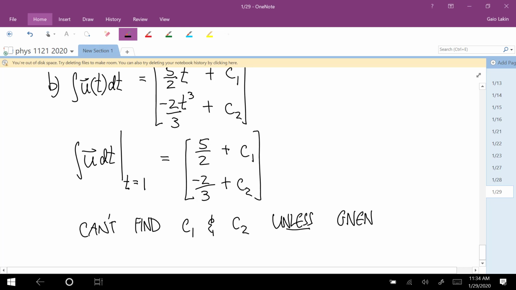Like, for example, that the integral of u at time equals 0 is equal to 5 for x and 6 for y or something. Any questions about that?